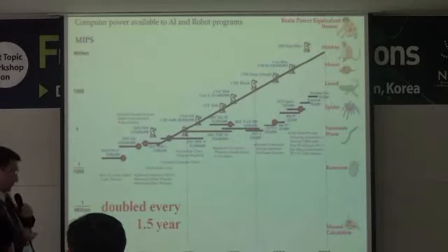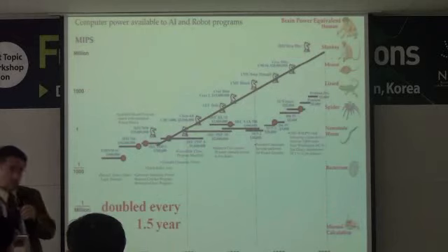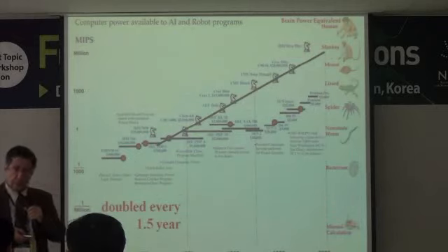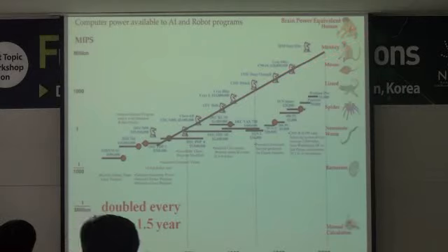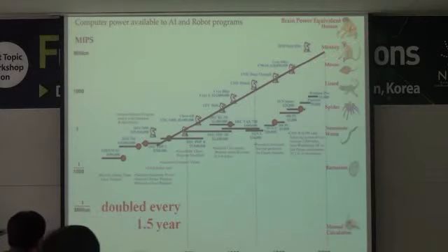Performance of computing is also increasing exponentially. Even they show the same half time, 1.5 years, as it is for Moore's law. And if we look at the most powerful computers, it's really exponential growth of performance.